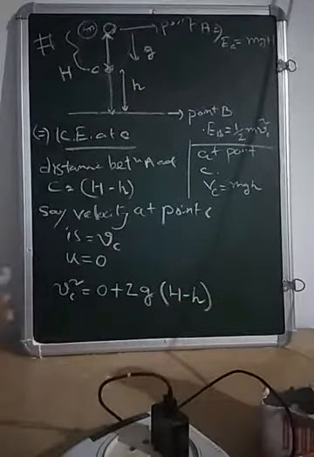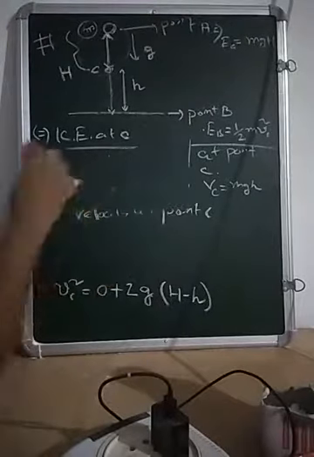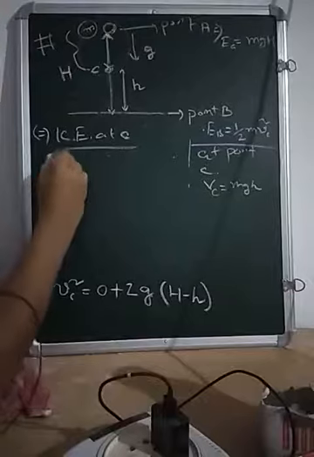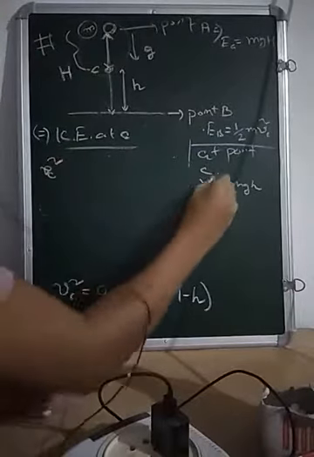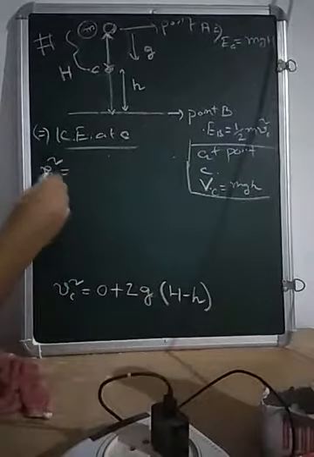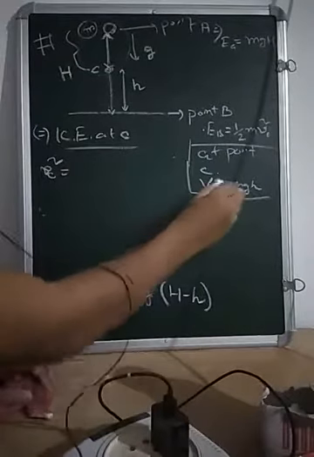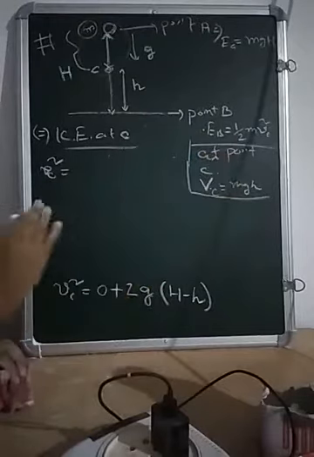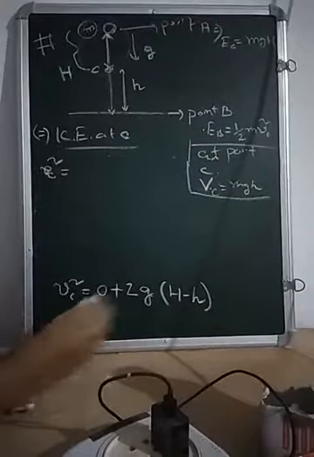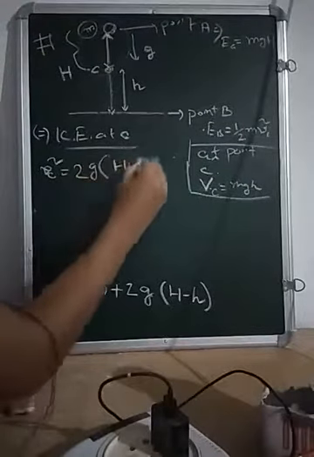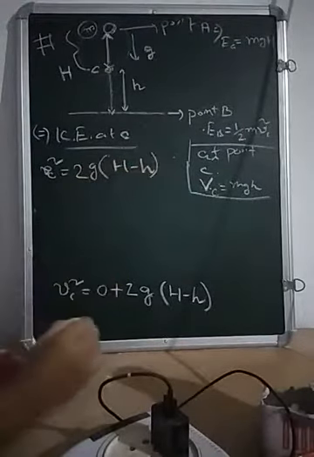So from here we get the velocity at point C. Capital V is the potential energy at point C, and small v_c is the velocity at point C. So the velocity at point C is the square root of 2g(H minus h).